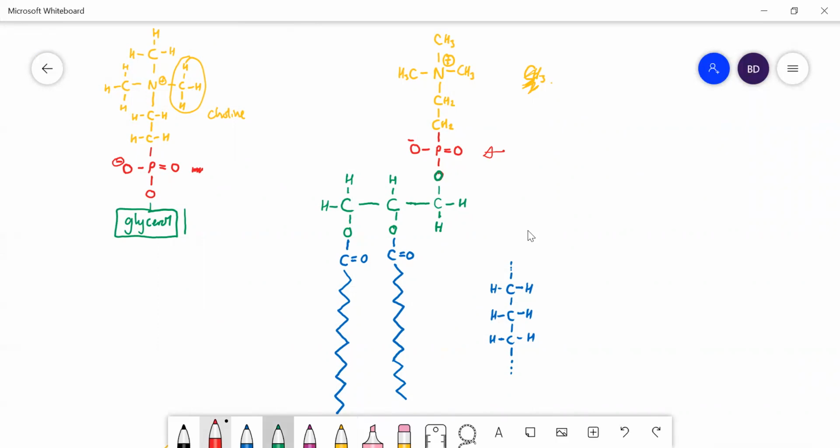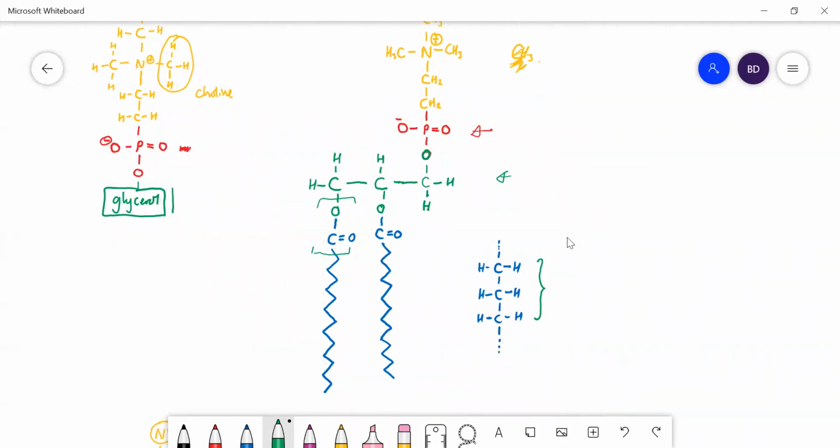In green we've got the glycerol molecule, and you have 2 ester linkages to these blue things, which are the fatty acids. The ester linkage is that bit there, the C double bond O and the O. And then the blue zigzag bit, to save me drawing it out, is basically lots of carbons with 2 hydrogens attached, and they are those fatty acids.